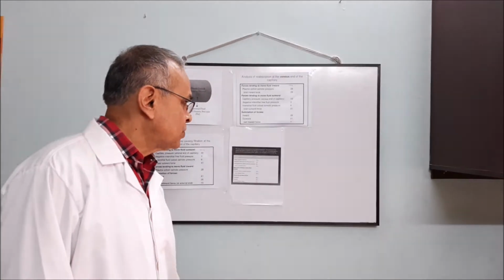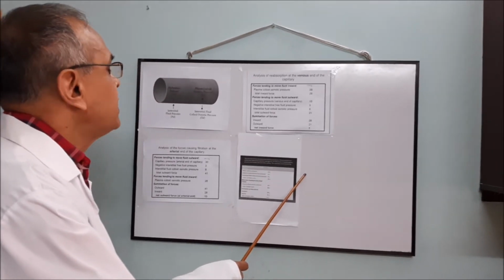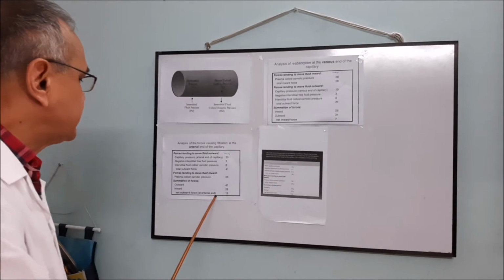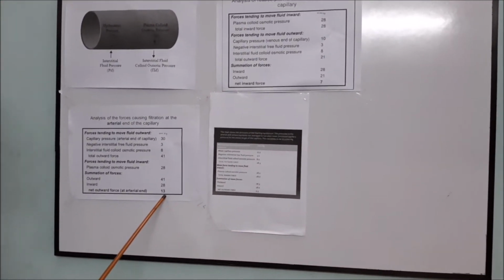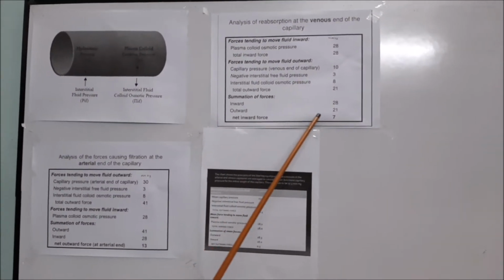Now come to the whiteboard. As I discussed previously, arterial filtration pressure is 13 and venous reabsorption pressure is 7.